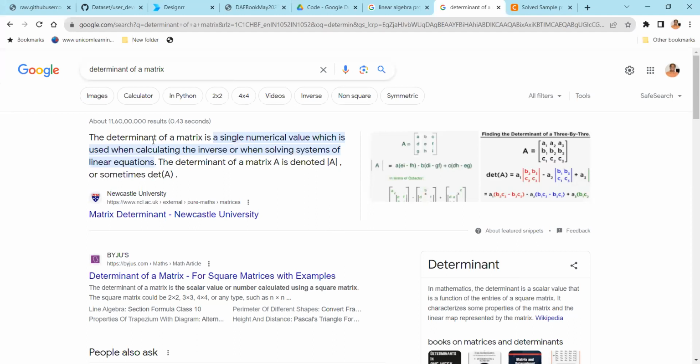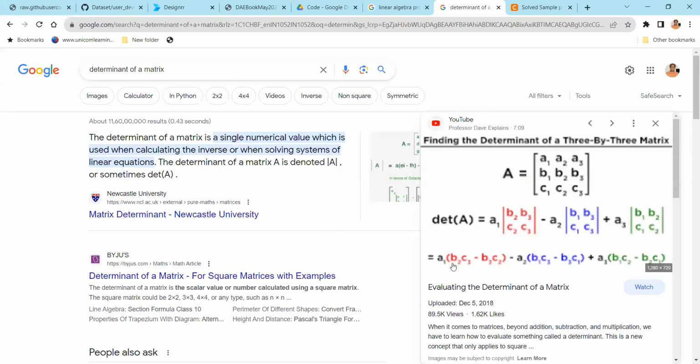So determinant of a matrix is a single numerical value which is used when calculating the inverse or when solving systems of linear equations. It's like representing the entire matrix. For example, for a 3 by 3 matrix, this is how you calculate.